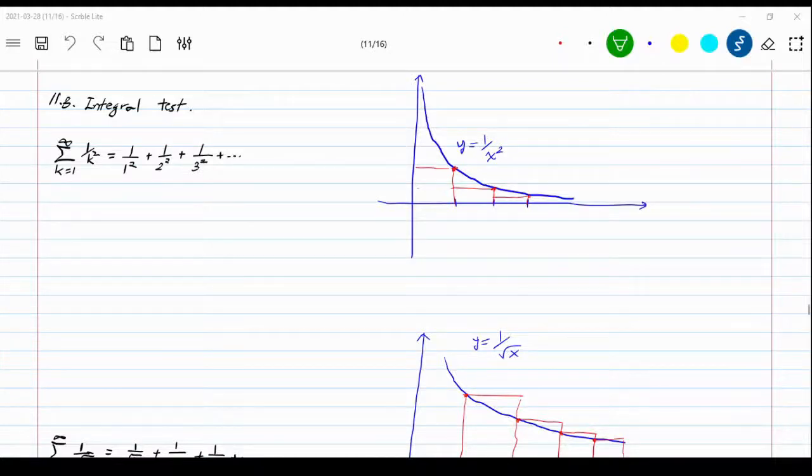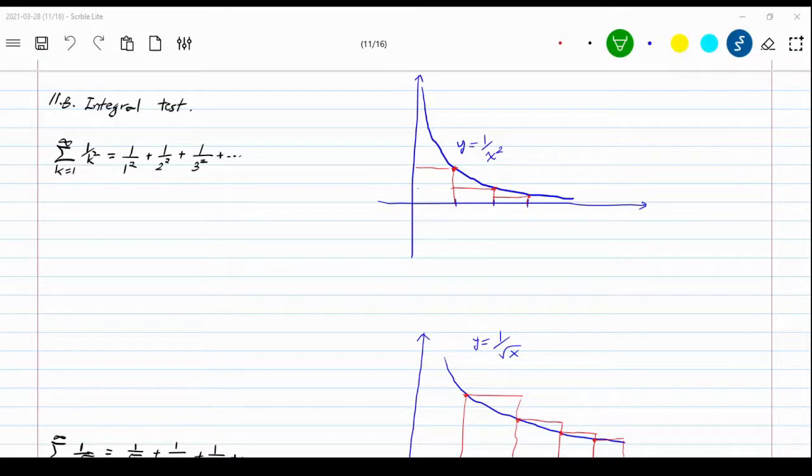Welcome back. So today we're gonna talk about another way to discuss the convergence or divergence of a series. Sometimes it's not that easy to really figure out what the series converges to.